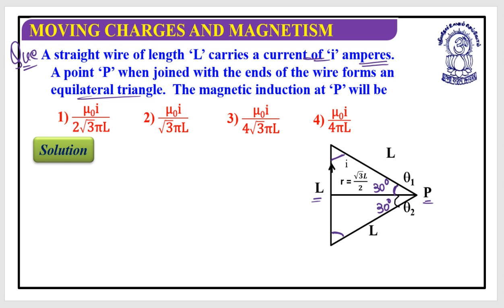So half of the length will be treated as L by 2, and even this half will be treated as L by 2.